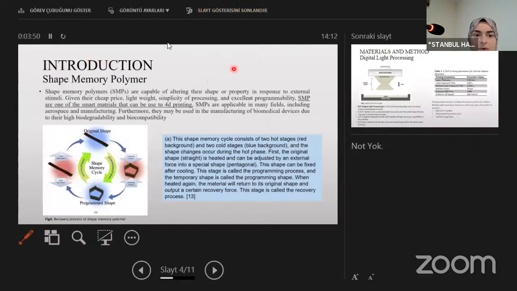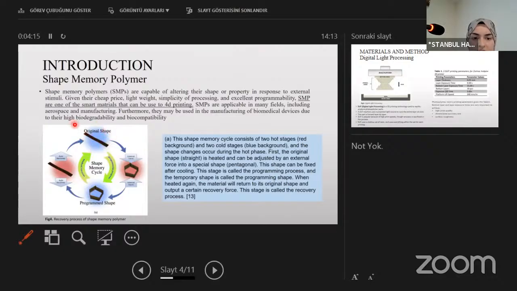As for shape memory polymers, they are one of the smart materials that can be used for 4D printing. In figure 4, you can see the shape memory cycle. This cycle has two hot stages, as you can see on the red background, and two cold stages, on the blue background.